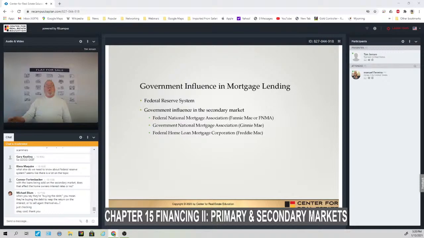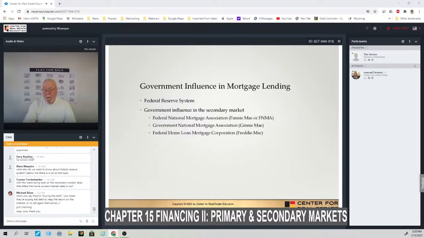And then there's the third one, the Federal Home Loan Mortgage Corporation, or Freddie Mac. Freddie also sells bonds to investors to raise money to buy, typically, conventional loans. Very conforming, very low risk, very safe investments.